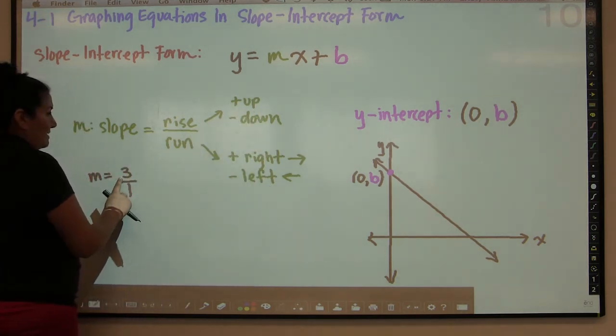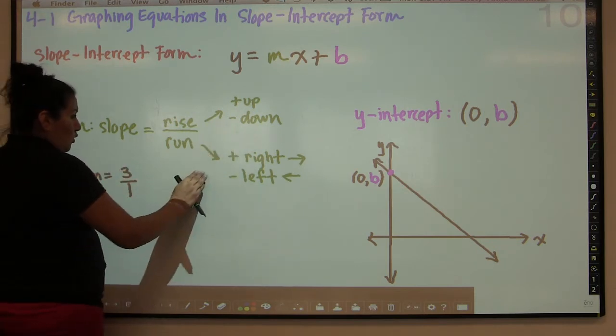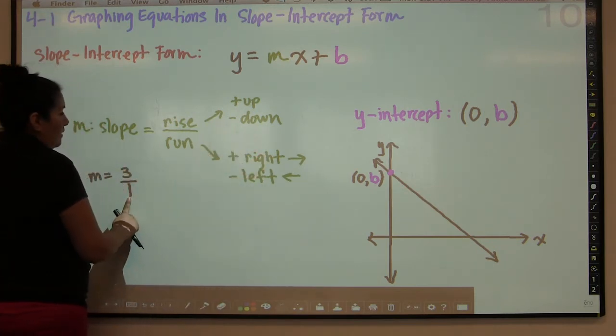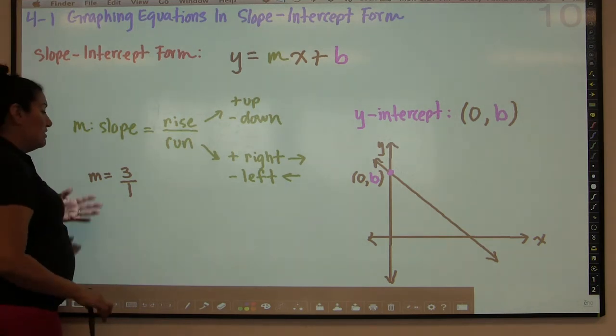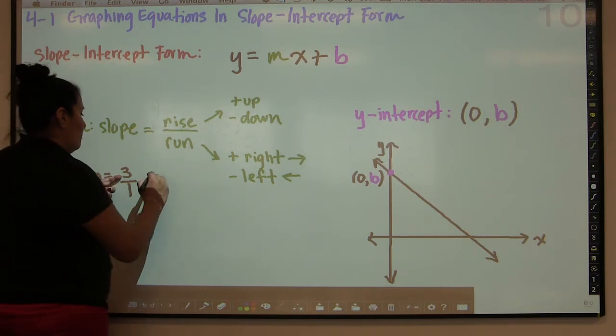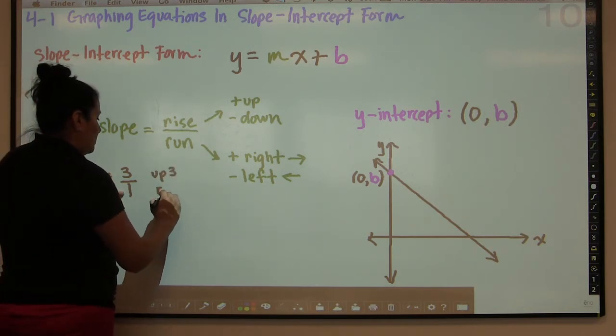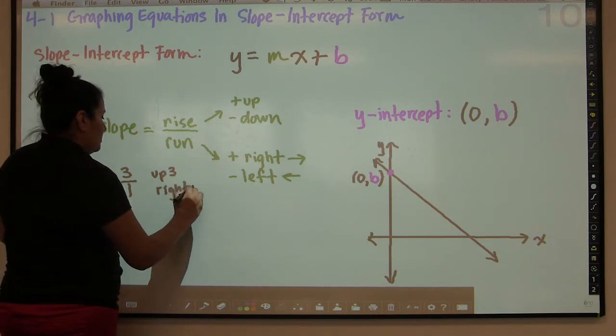If the top number is negative, you go down. If the bottom number is positive, you go to the right. And if the bottom number is negative, you go to the left. So in this case, since both of my numbers are positive, I would go up 3 units and right 1 unit.